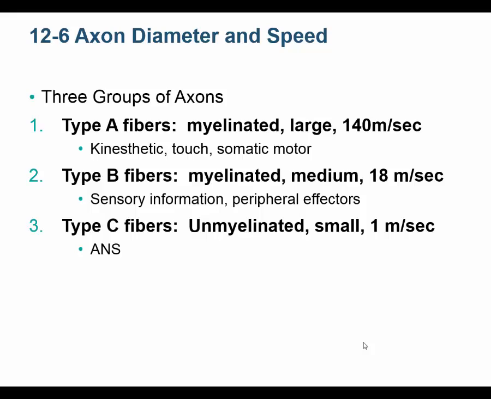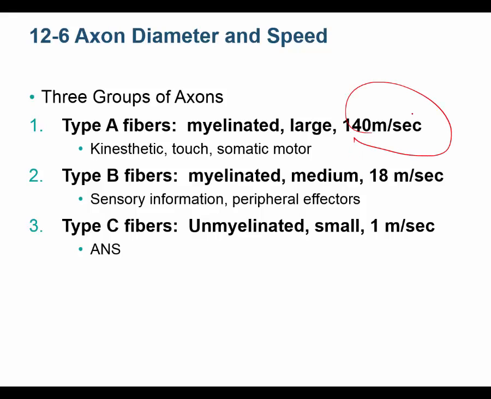Now, you saw a video in the last mini lecture that said that the heavily myelinated large axons can reach 100 meters per second conduction speed. And then you saw the movie said that unmyelinated axons rarely exceed 2 meters per second. Well, I don't disagree with that, but I will tell you that the fastest of our axons, the type A fibers, reach 140 meters per second.